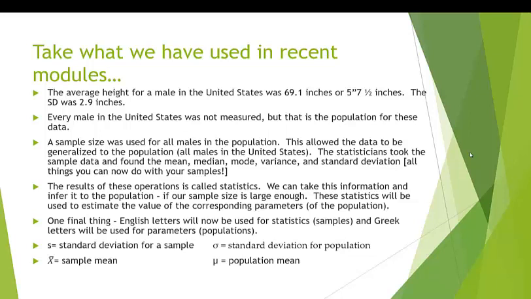Okay, so X bar is our sample mean, mu is our population mean. And finally, S squared is our sample variance. And you remember from a couple of modules ago when we did variance and standard deviations, sigma squared was our population variance.